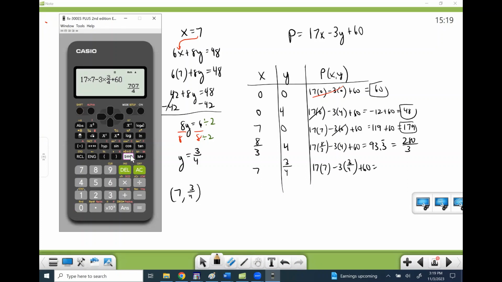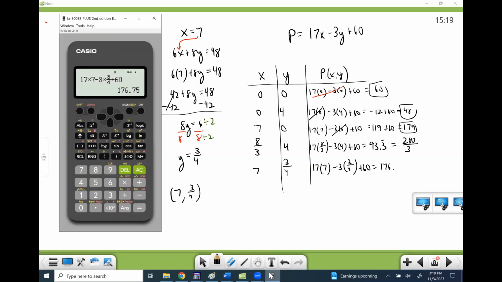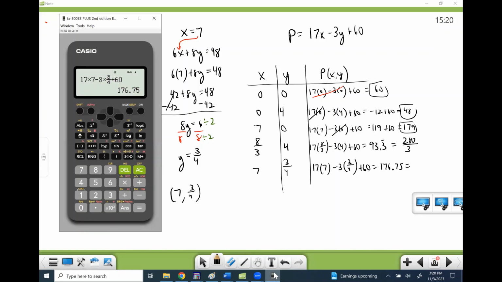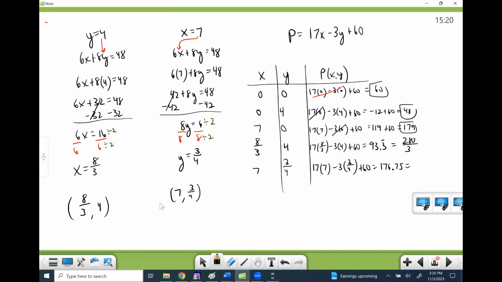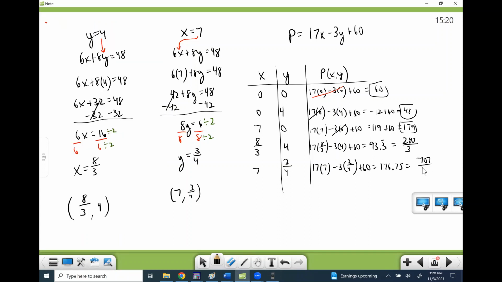That one's going to be 176.75, otherwise known as 707 over 4. Box these so you can see how big everything is.